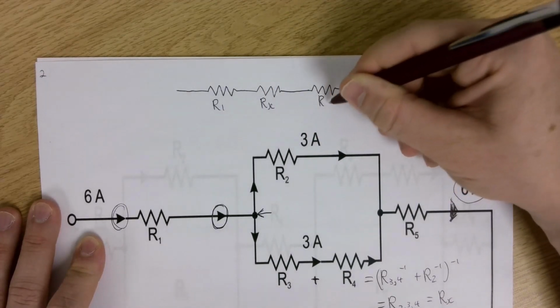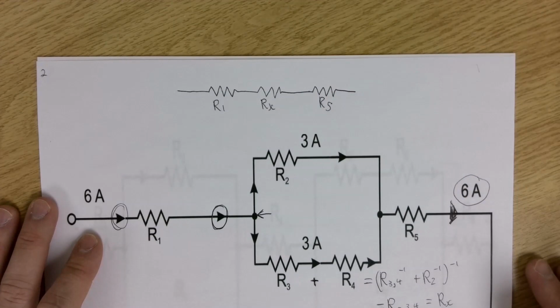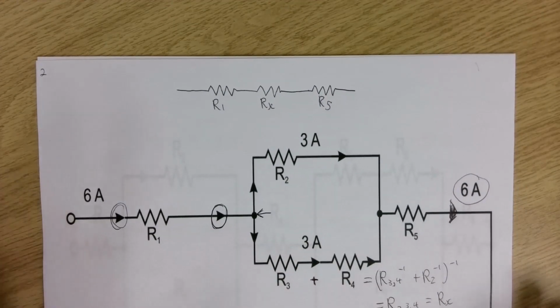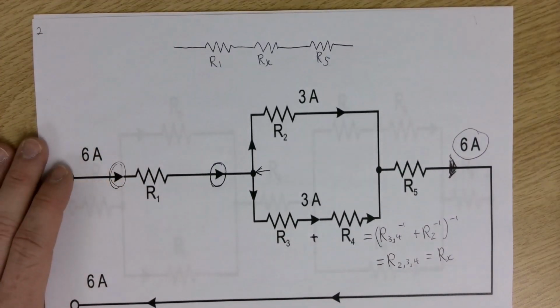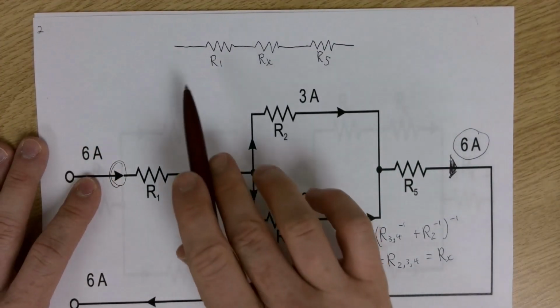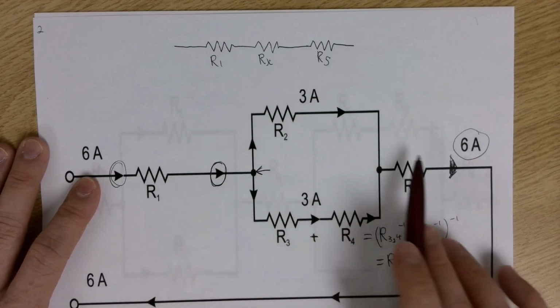And then R5. That is what we're going to start to do when we want to simplify the circuits. If we want to get our R total, we're going to want to get our R total using a series circuit, not a series parallel.